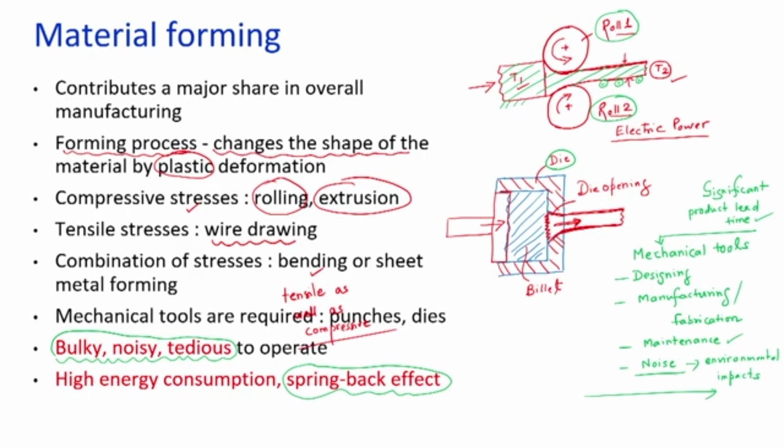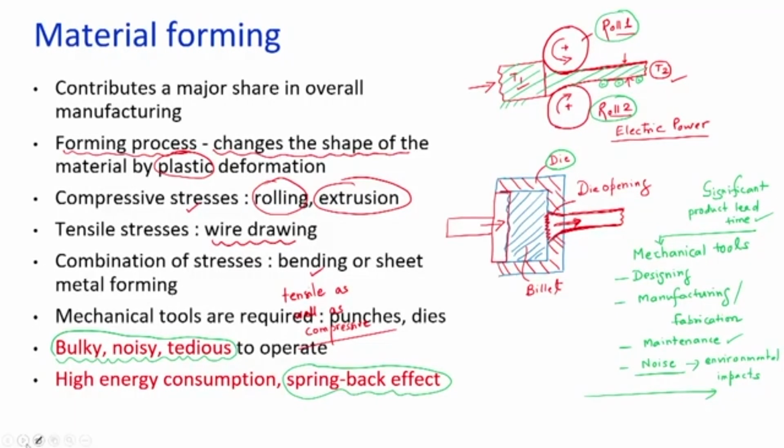Consider during bending, it is expected and desired that we should get about 30 degrees of bend angle, but due to spring back effect we may not achieve exactly 30 degrees, we will get 28 degrees, but that product would be utilized for some precision application. So, in that case it is very essential for us to have exactly 30 degrees. So, that is not possible by using mechanical bending.